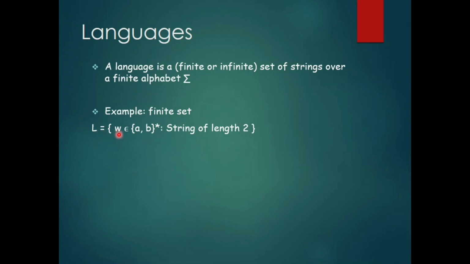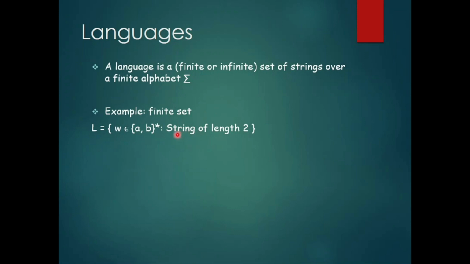It is made up of W, which belongs to the alphabet set A and B, so W is a string made up of the alphabet set A, B, and as you can see, there is a star affixed at the end of this alphabet set, which says strings can be made up of any combination of A and B, including zero combinations of A and B, so including epsilon.